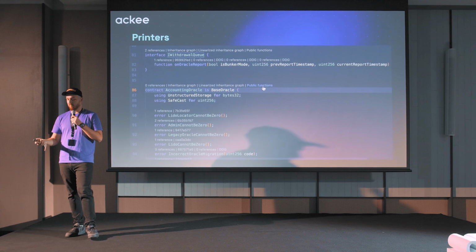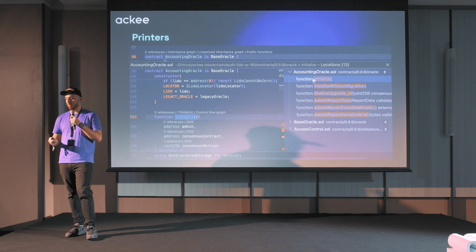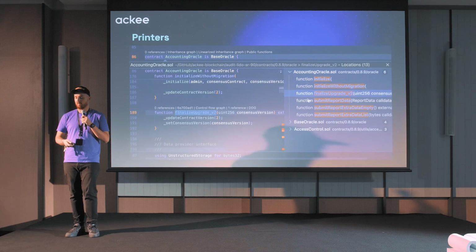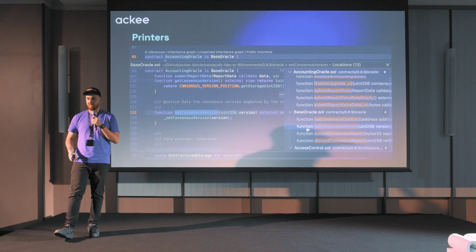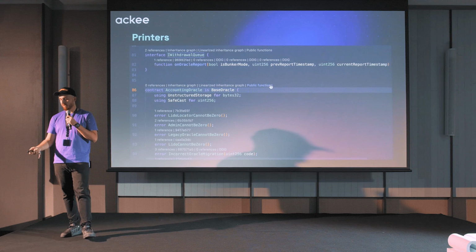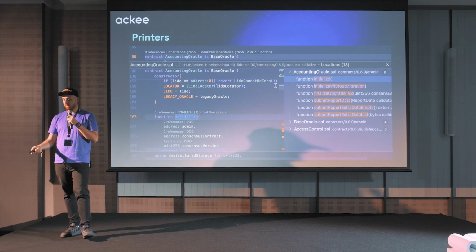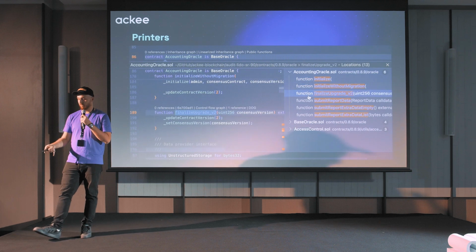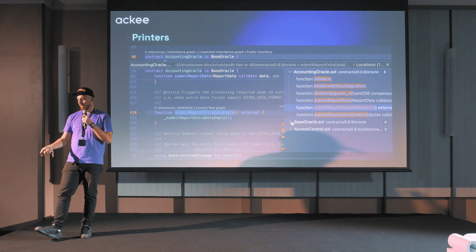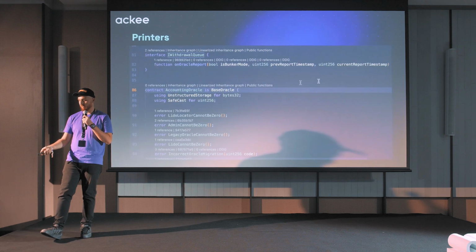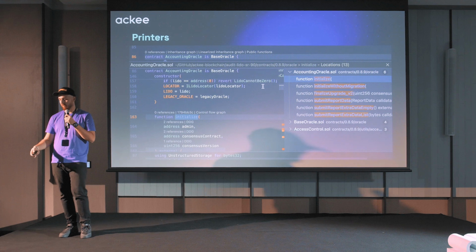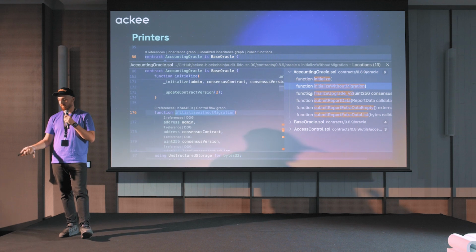It can seem trivial, but it is extremely helpful because a lot of times developers forget some open entry points in the inheritance chain. So in this example, we can see that AccountingOracle has two base contracts, where BaseOracle has 4 open functions, and there is also another access control contract that has 3 functions.